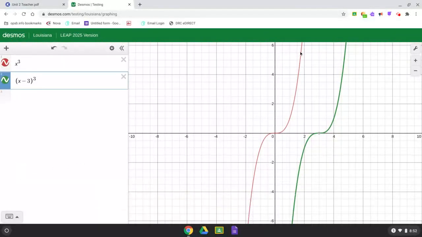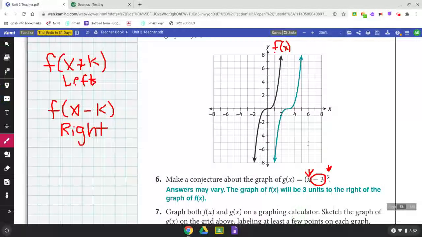The red line is my parent, and I'm shifted to the right 3 units. I go 1, 2, 3. I go from 0, 0 to 3, 0. So I'm shifting to the right 3 units, and that is what they graphed here. This blue line here is g of x.